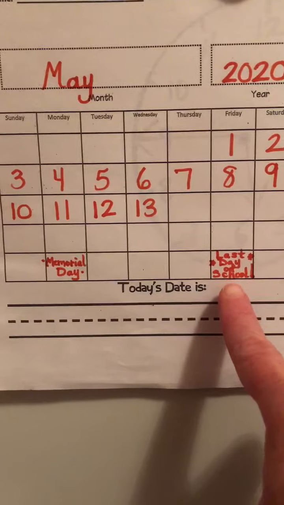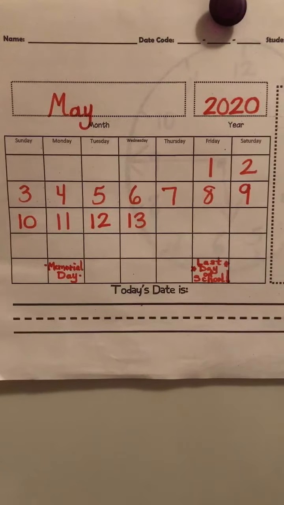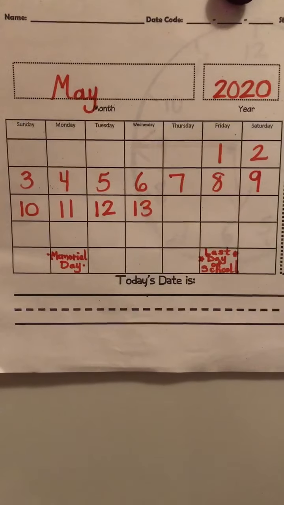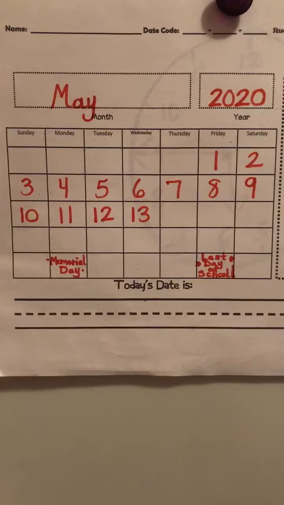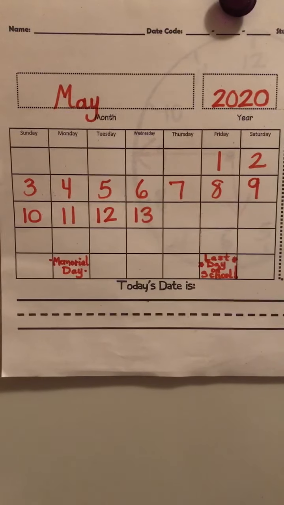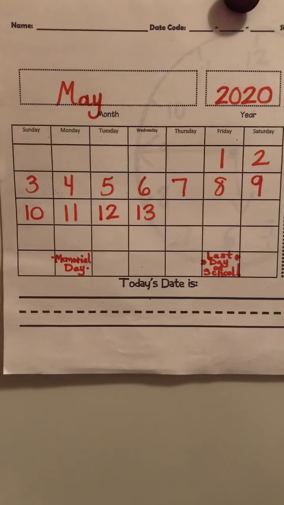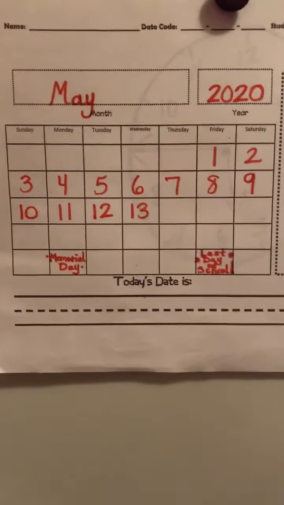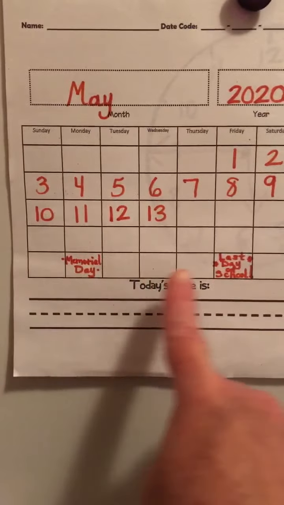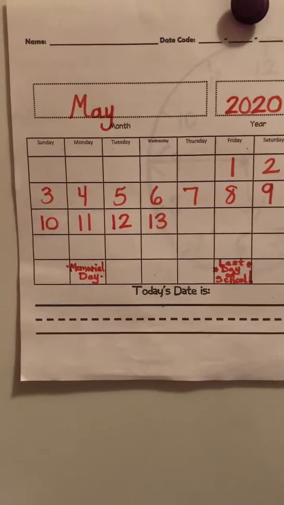On this day, you will not have work to do at home, but your parents will be coming to the school, and maybe you can come with them, dropping off all of your books and rulers and clocks and all the things that you guys have been using at home. And then we'll have something special to give you on that day as well. Okay, so that's coming up really soon, guys. After this week, that is 2 weeks away. Okay, all right, very good.